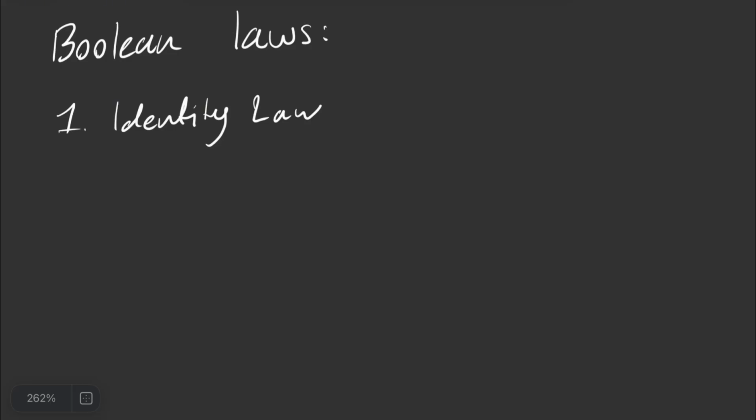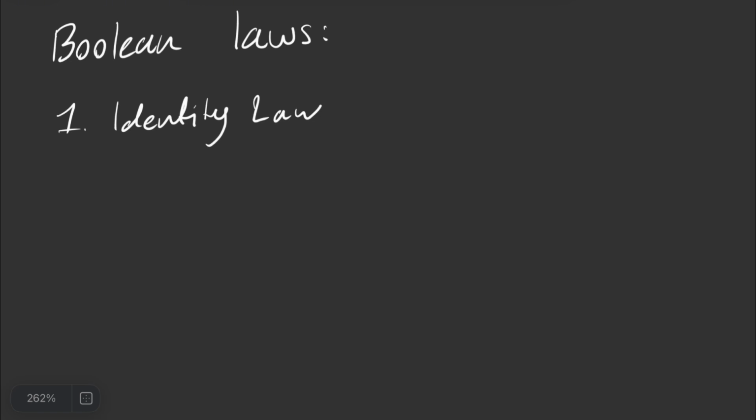What I mean is that you want to practice simplifying as many Boolean algebra expressions as you can, so you intuitively know the identity law, the complement law, the idempotent and domination laws, the commutative laws, the distributive laws, and De Morgan. Even though you might not be able to name it, you can intuitively apply those laws to the situation. So once again, practice makes perfect.